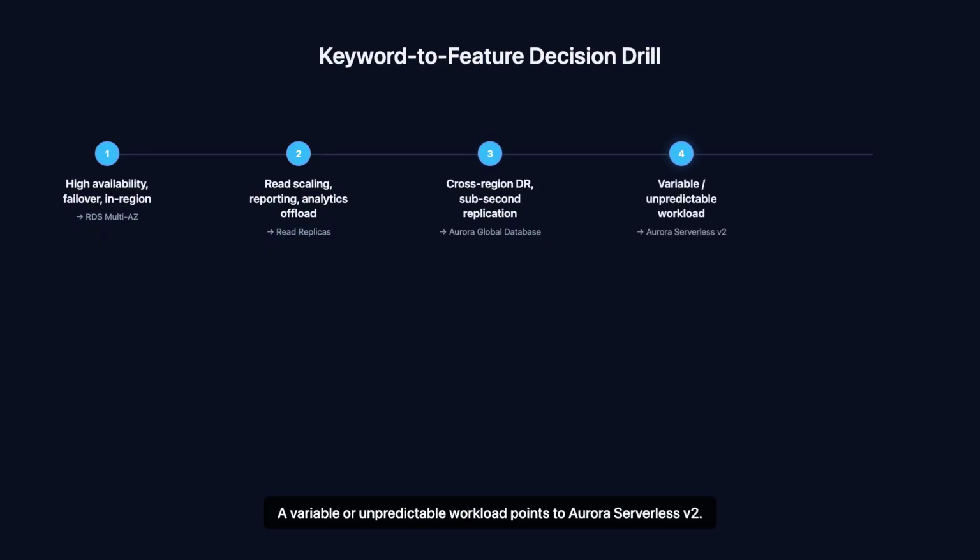A variable or unpredictable workload points to Aurora Serverless v2, and a Lambda connection storm or a need for faster failover points to RDS Proxy. Identify the goal in the question first, then the feature falls right out.